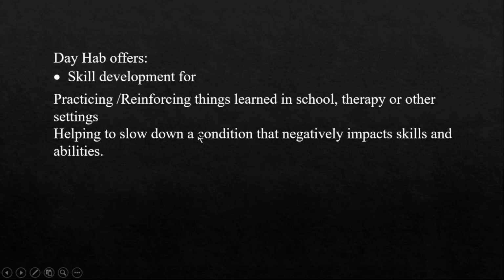It offers skill development for practicing or reinforcing things that may be learned in school or therapy or other settings. It can also help to slow down a condition where the person's condition could degenerate. So if it can help to slow down that condition, DAHAB could do that too.